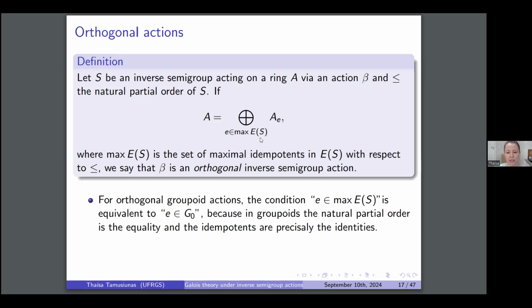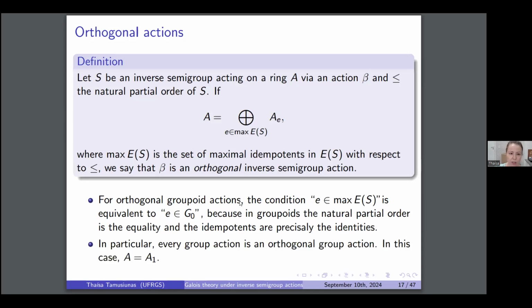So it's just a difference when considering groupoids. In particular, every group action is an orthogonal group action, because in this case A is equal to A_1, where 1 is the identity of the group.